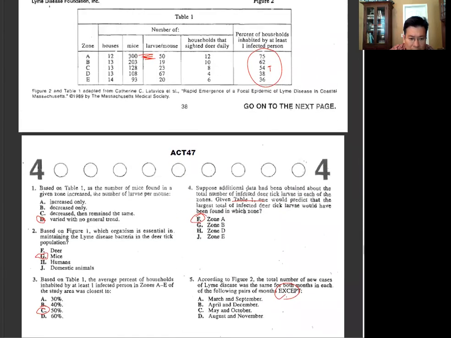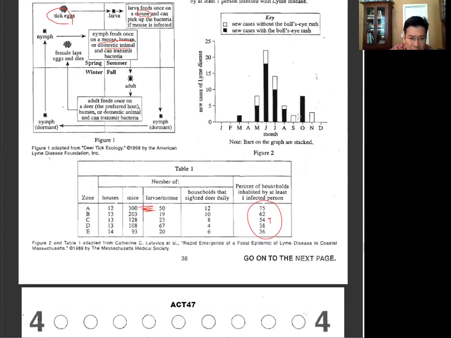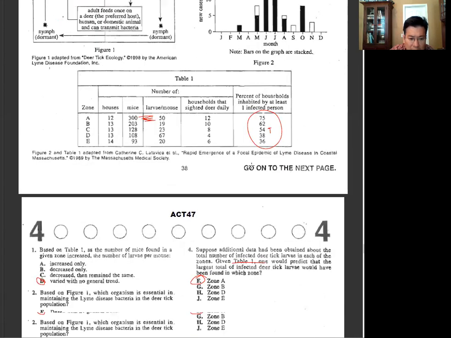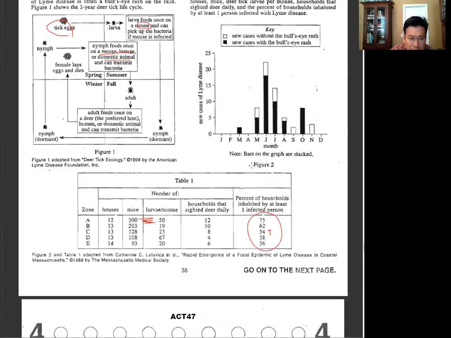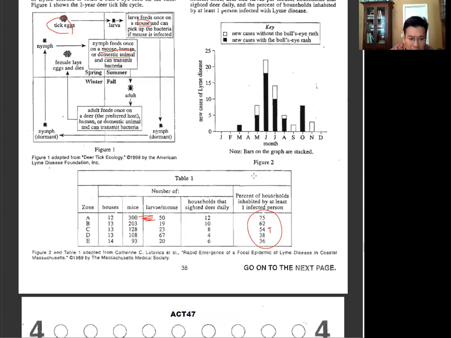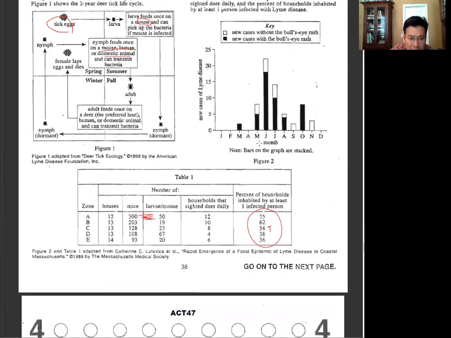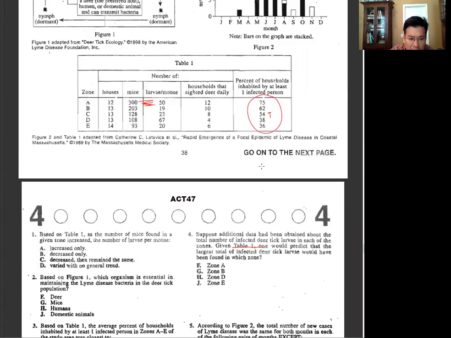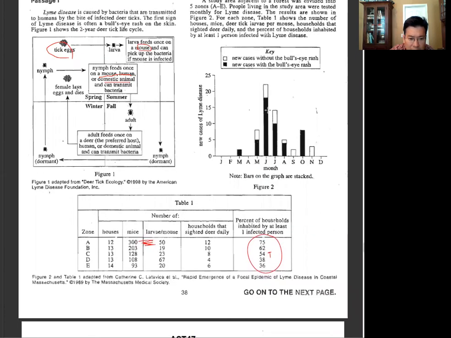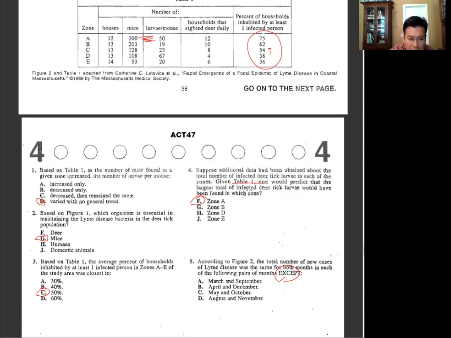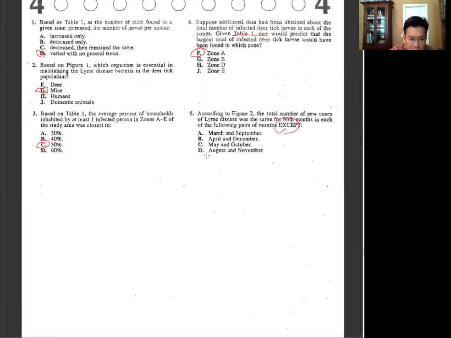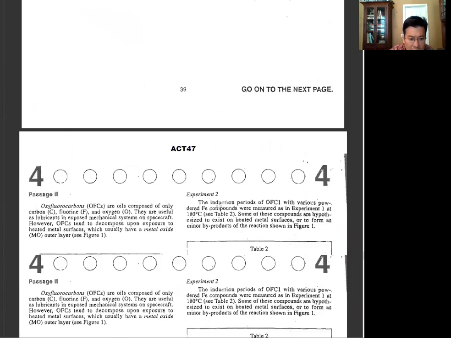March and September: March is this much, and September, oh, it's similar. April and December: April, nothing; December, nothing. Okay. And then May and October: similar. And then August and November: no, that's not the same. So obviously D is the answer for this one. Okay, move on.